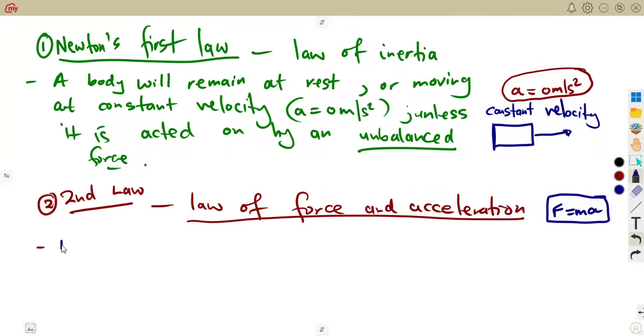Acceleration. That is the law. So you can just write it in short like that. Guys, there are so many ways of writing this, but I'm just going to write it in short, all right?